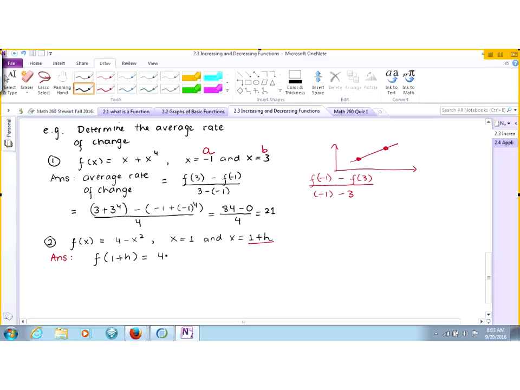What is f of 1 plus h? 4 minus 1 plus h squared. That's right. So what is this? 4 minus, what is 1 plus h squared? 1 plus 2h plus h squared. Yes. So this is 3 minus 2h minus h squared. Yes. So I'm just breaking it down because it is a binomial. That's the only reason.